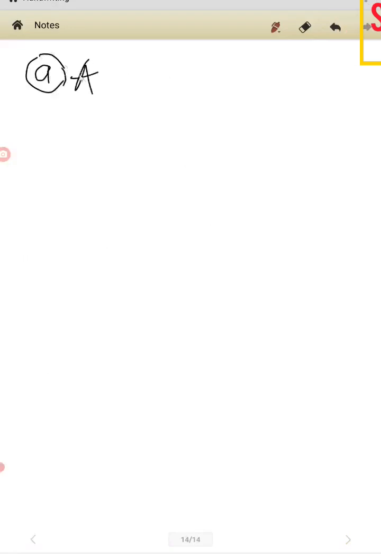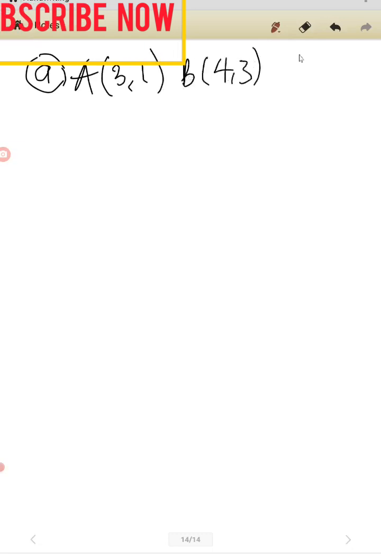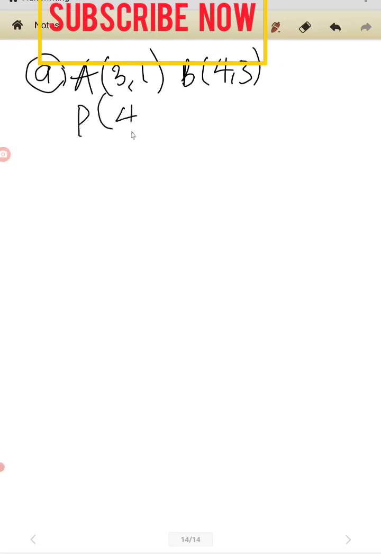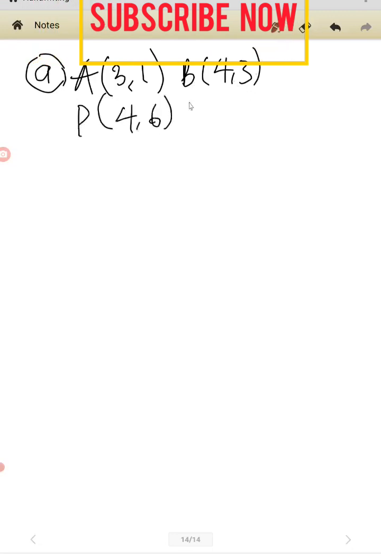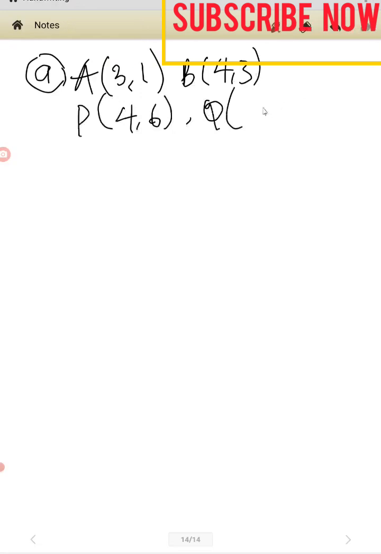Let's say I want to solve for A now. For A, I was given the fixed point A as 3, 1, and B as 4, 3. We have P to be 4, 6, and Q to be 5, 8.